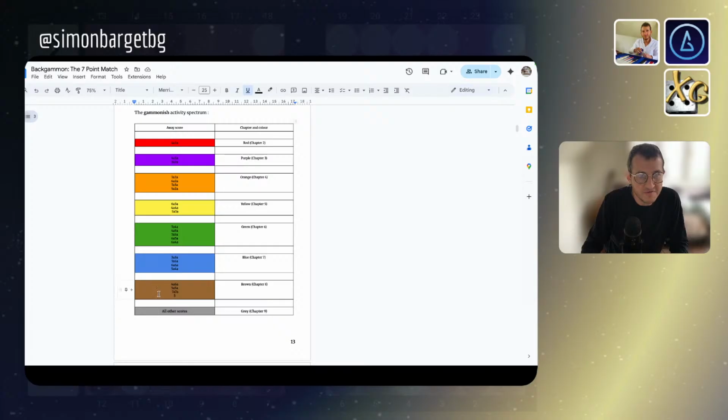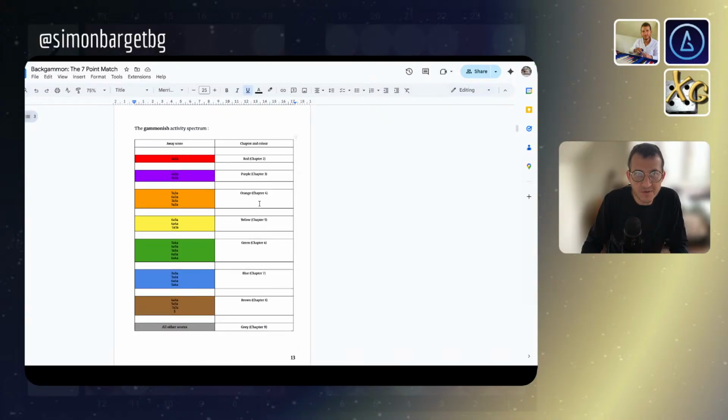Instead of scores where you are trailing, which is the case in the Gammonish activity spectrum, if you look at all the scores that are active, they're scores where you are behind in the match. Hopefully most of you guys will understand that already. But if you go down to grey, below the reference benchmark of 7 away, 7 away, most of the scores will be scores where you are leading.